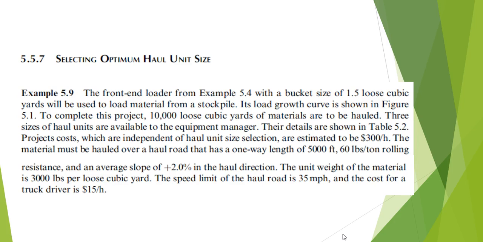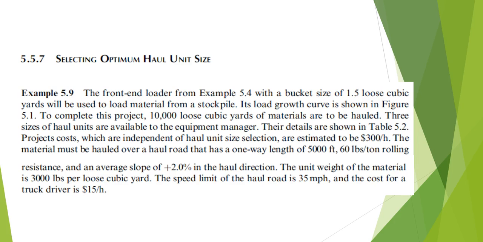If the unit weight of the material is 3,000 pounds per loose cubic yard, again, we looked at a table earlier, one of the earlier chapters. That has a speed limit of 35 miles per hour. So again, we were talking about a speed constraint in the earlier example. In this case, it's 35 miles an hour. And the cost of the truck driver is $15 per hour, and that's in the table.